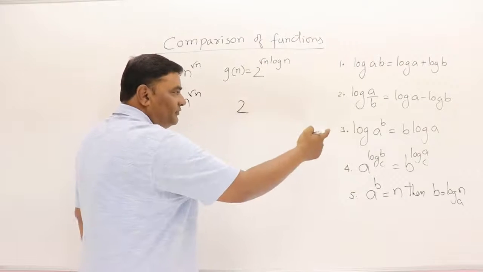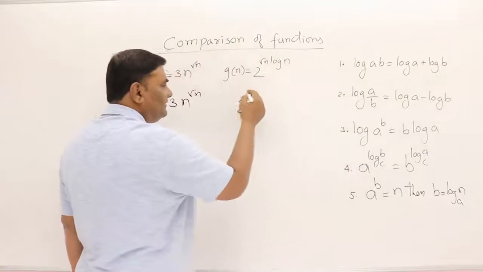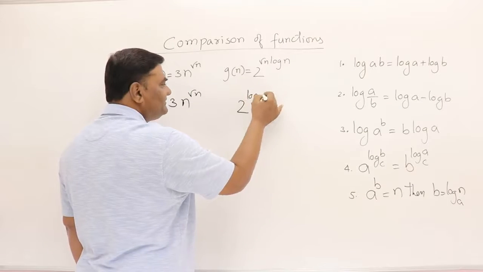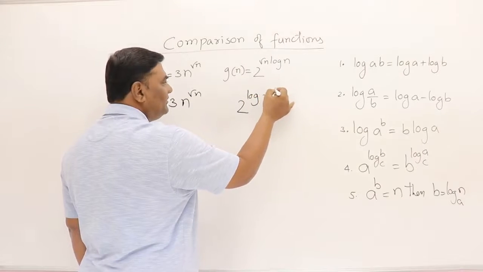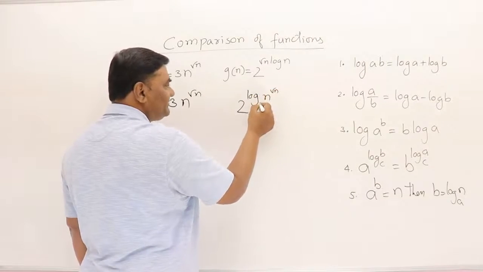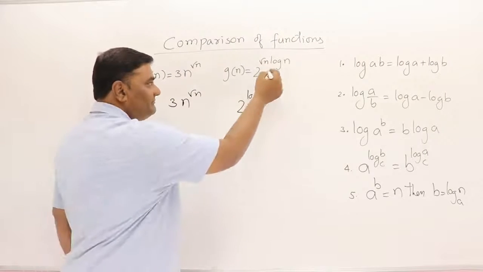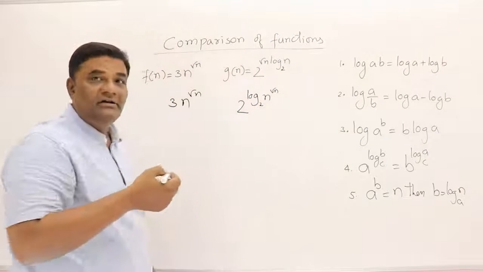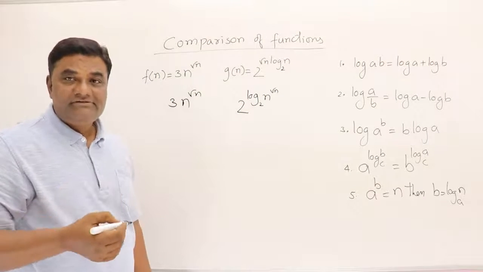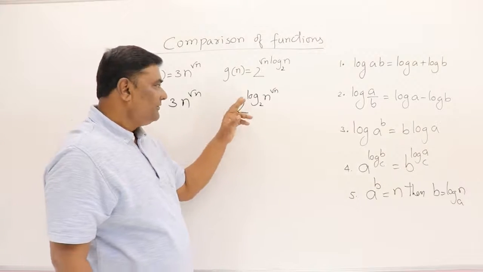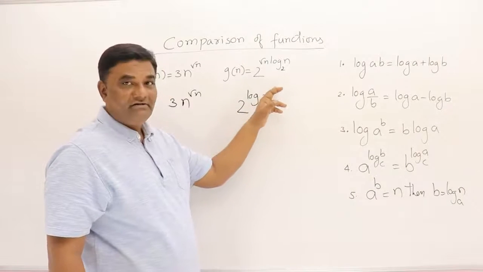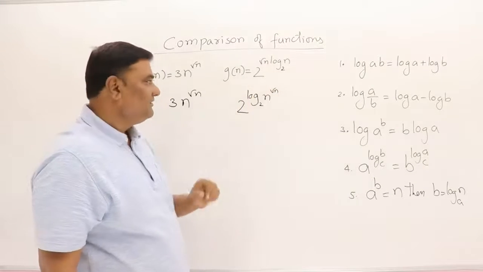If you apply the third formula, then this can also be written as n power root n, and this is base 2 only, log base 2, by default it is always base 2. So it is 2 power log n power root n.